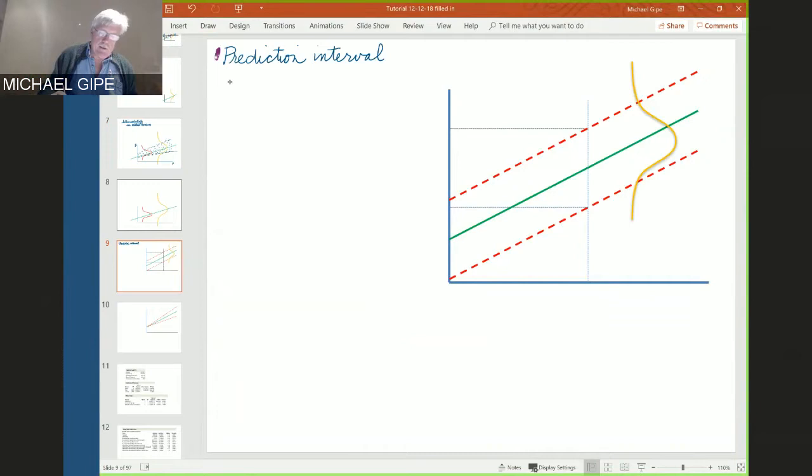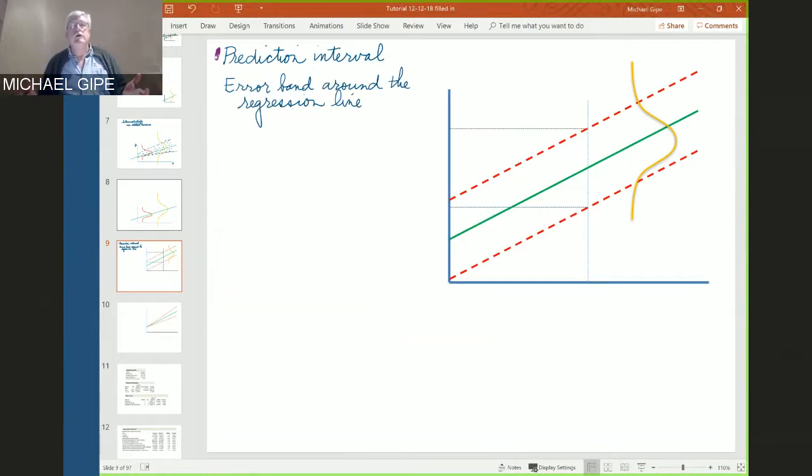We're going to put together an error band around the regression line, as you can see in the picture, in the dotted red lines. And this is basically sort of a confidence interval for our prediction for any new value of x that we come up with.